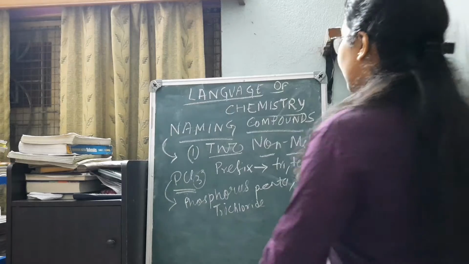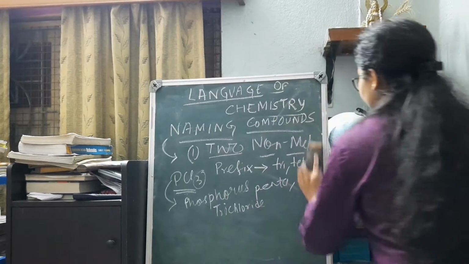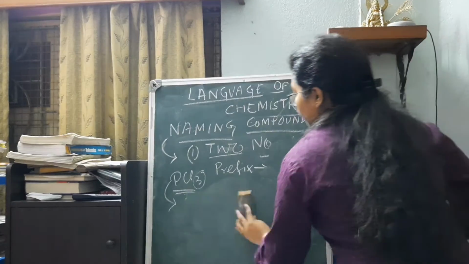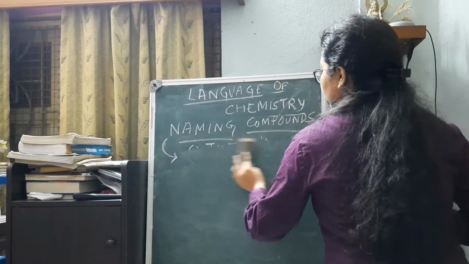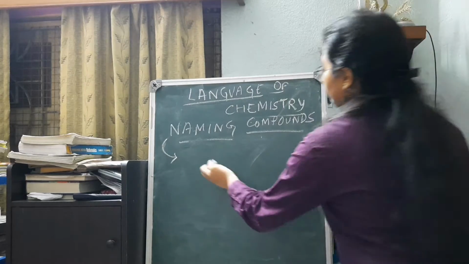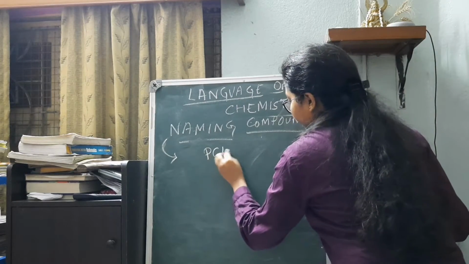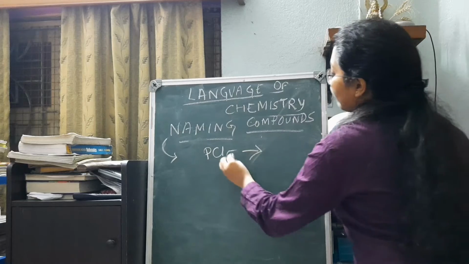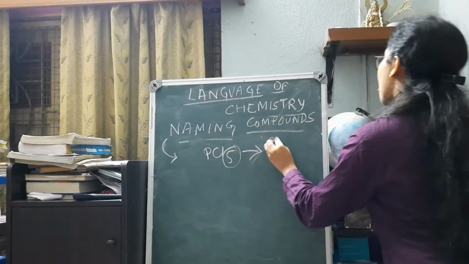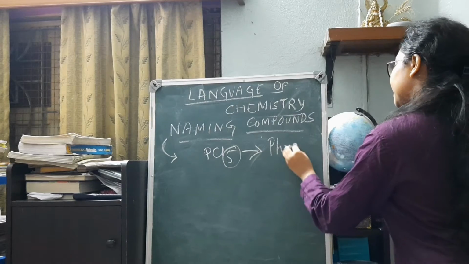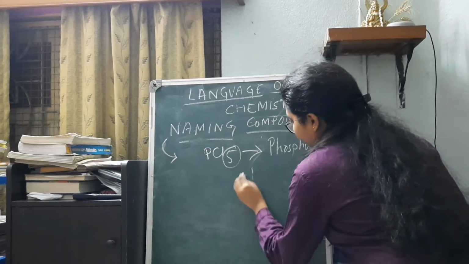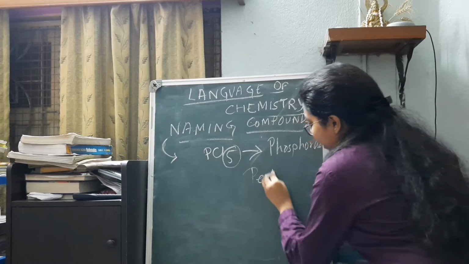Okay. Let's see the next example. PCl5. 5 means the prefix is penta. So the name is phosphorus pentachloride.